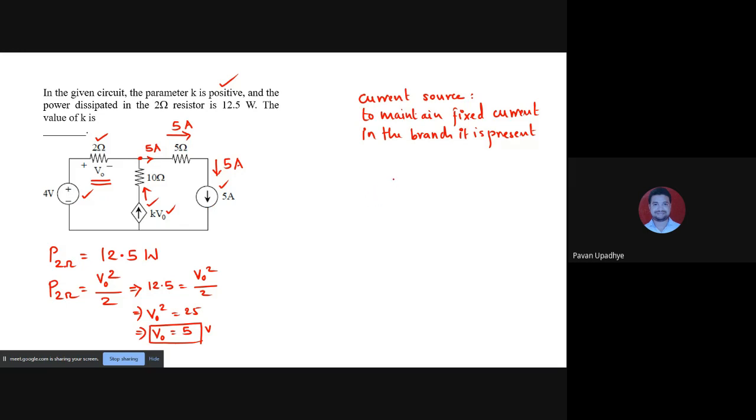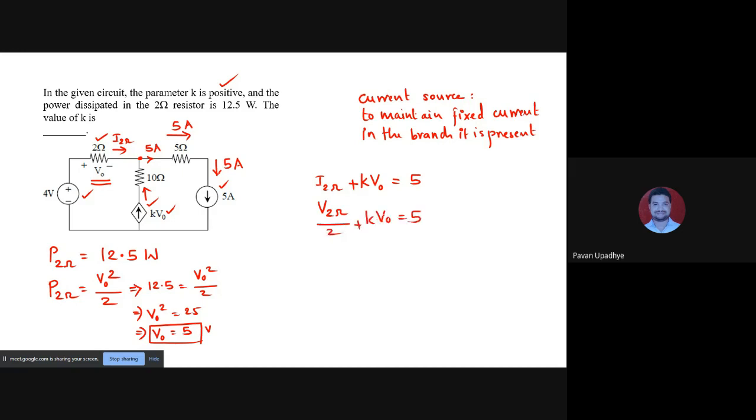So as we can see, 5 ampere will actually be addition of two currents: current that is coming from 2 ohm, and current that is coming from the vertical branch, that is K into V0. So I2 ohm plus K into V0 is equal to 5. And I2 ohm can be found out by knowing V2 ohm upon 2.